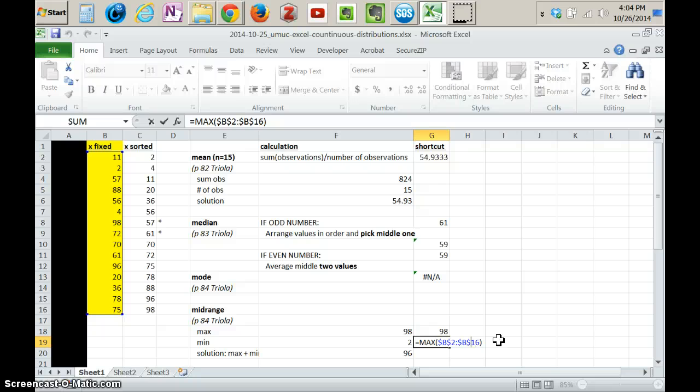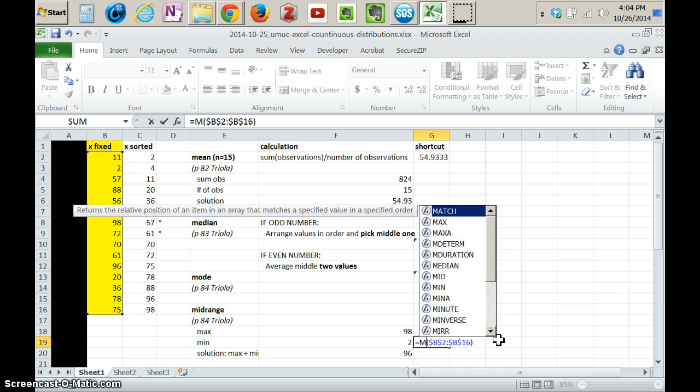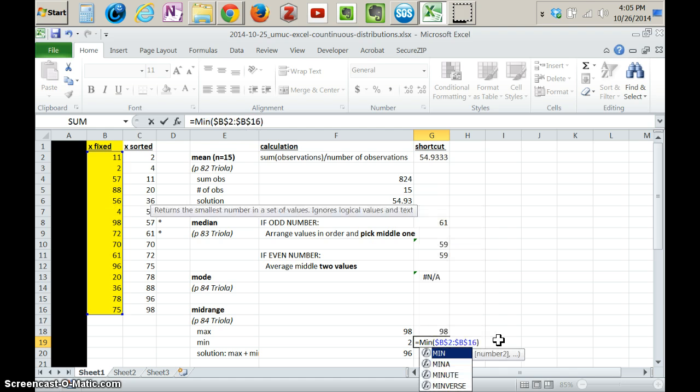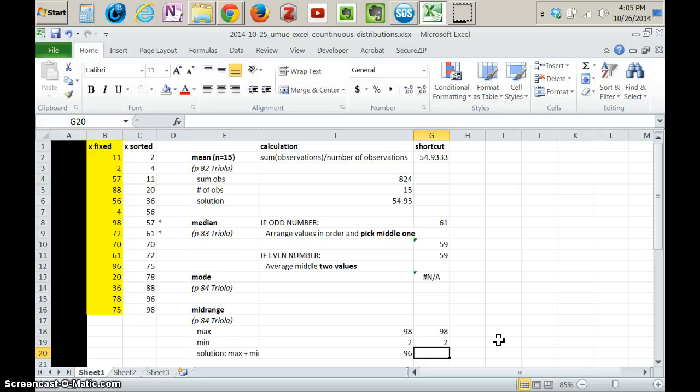So I still want that range, and I want to just show you that there's a minimum formula too. And these aren't case sensitive either, but Excel will always capitalize it when it processes it. So that gives us the same thing there. And so we could do this again by just doing G18 minus G19.